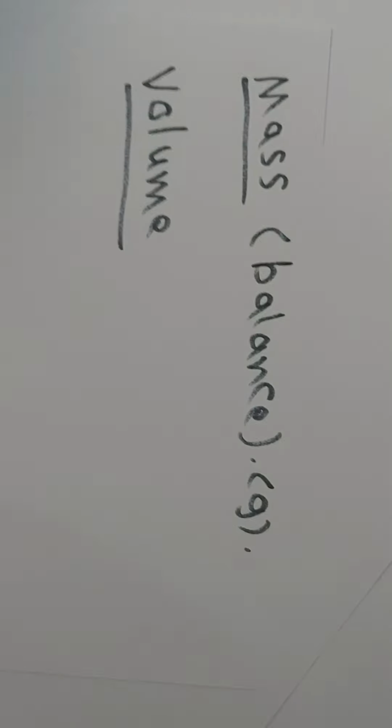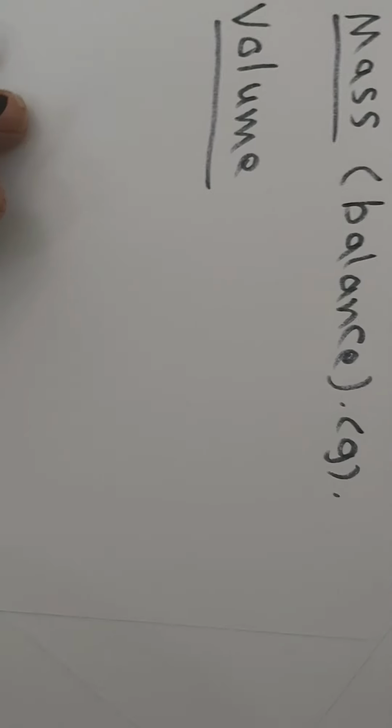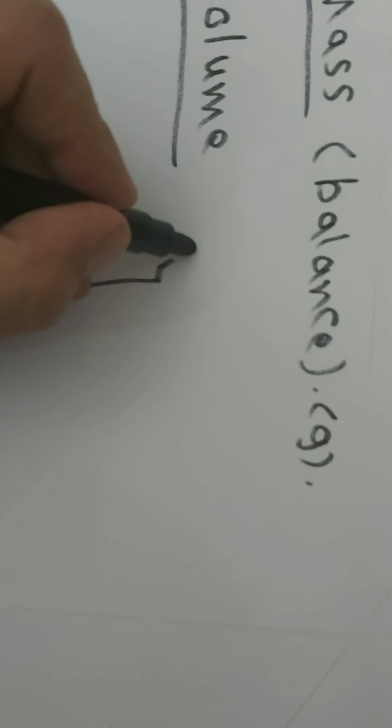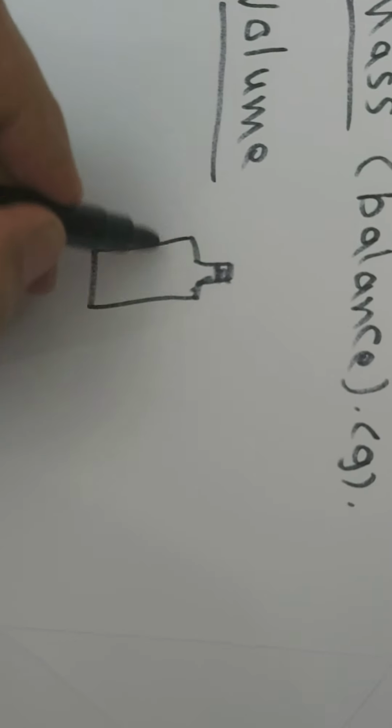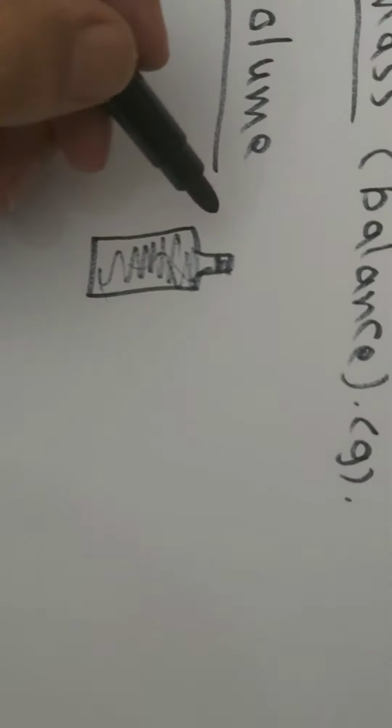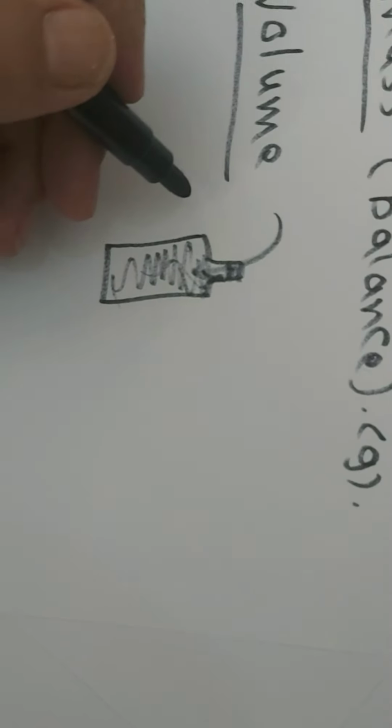Now what is volume? Volume means the amount of space in an object. For example, if you have a barrel and this barrel includes liquid, okay? So the amount of space inside this barrel gives the volume of this barrel.